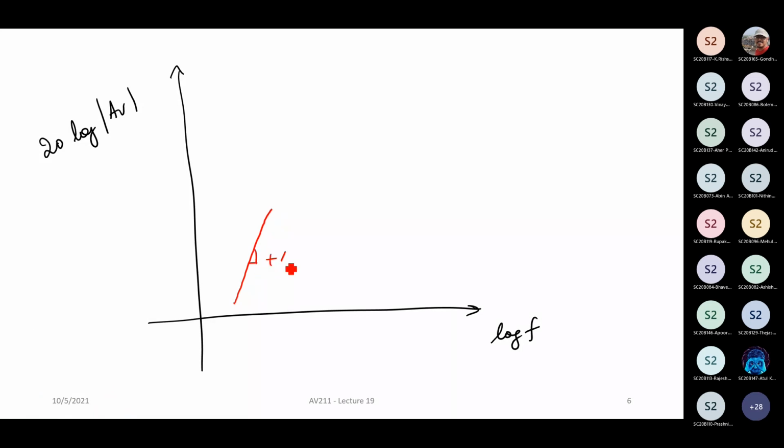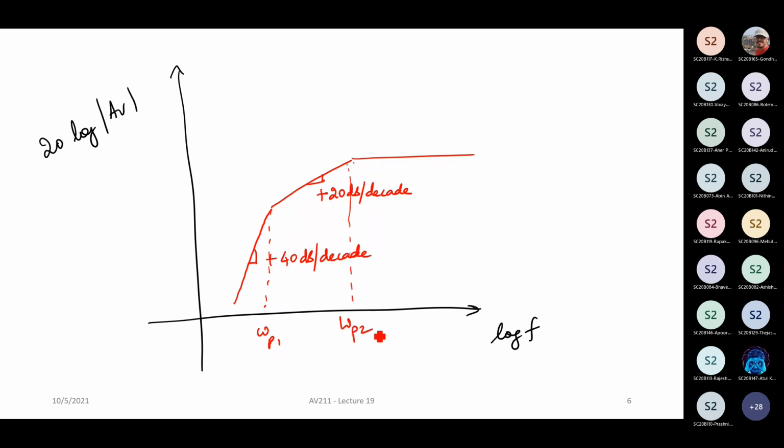This will have plus 40 dB per decade slope. And then your omega P1, which is lower, kicks in, and then it takes a plus 20 dB per decade slope, because each zero adds plus 20 dB per decade slope and each pole adds minus 20 dB per decade slope. So initially there are two zeros and therefore you have a steeper response, and then you will get the other pole kicking in here, which is omega P2.